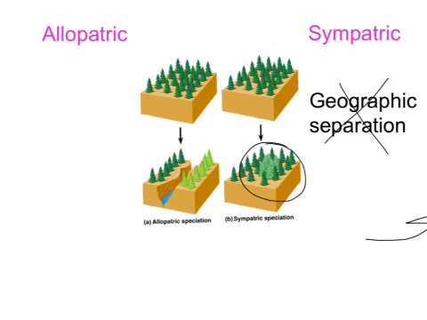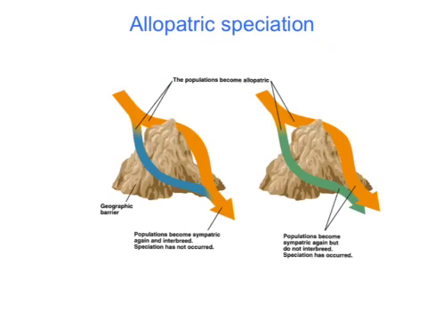Okay, so let's take a look at allopatric speciation. So allopatric speciation is, again, they're geographically separated. So here in the beginning, I had the same species. For some reason, they ended up on different sides of this mountain. Okay, and when they came back together, they are no longer able to interbreed. So that would be allopatric speciation.